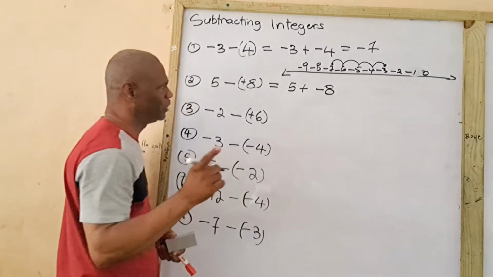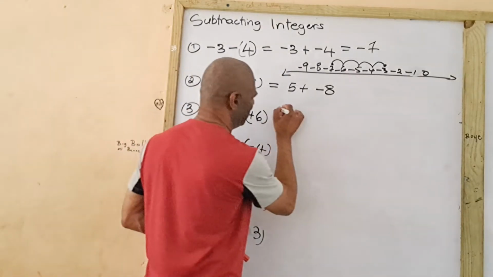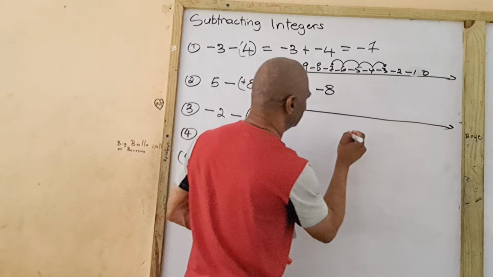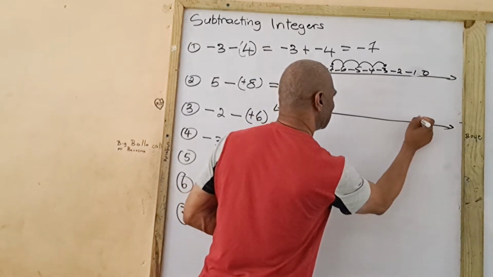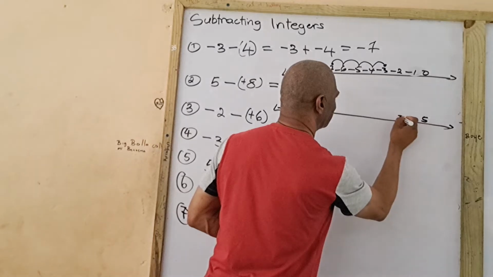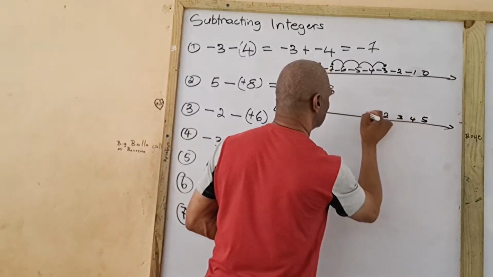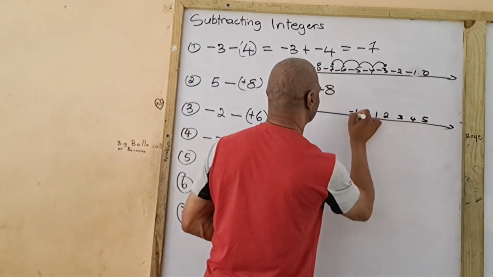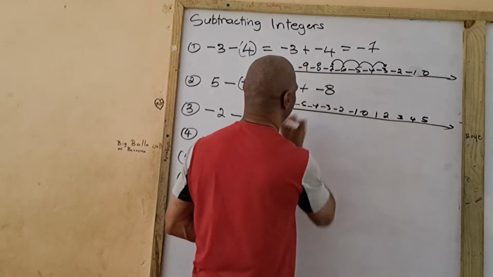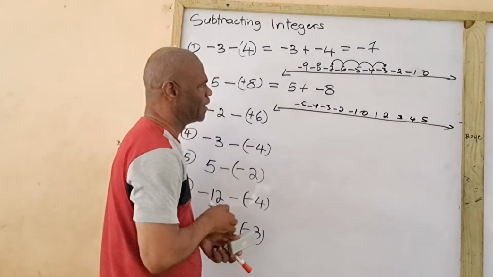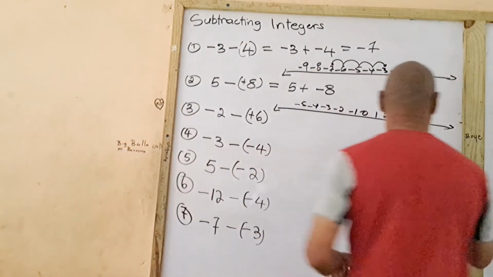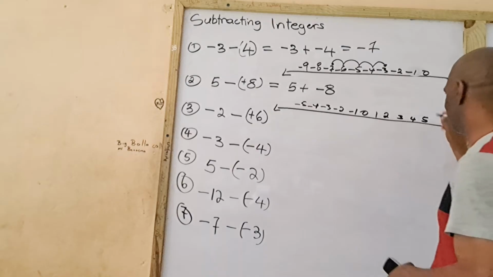Now putting that on the number line, let's draw a number line. So let's start at 5. Again, we locate our positive 5 on the number line, and our positive 5 is right here.